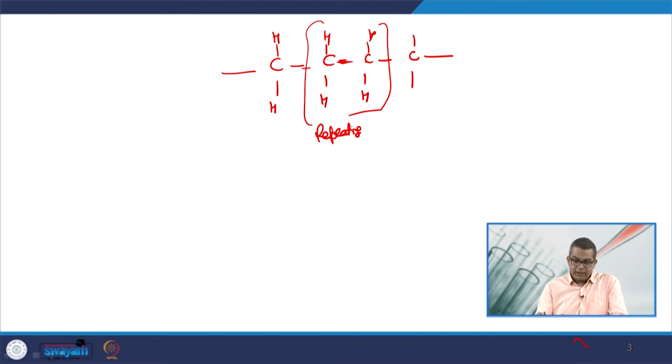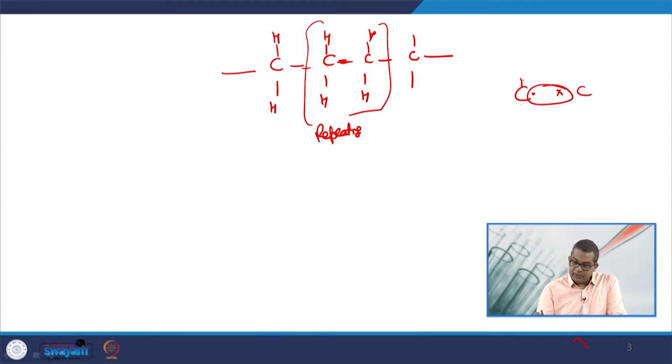Now, as I described in the previous slide, you have this C-C structure, which is some sort of valence electron sharing between the carbon and carbon atom.